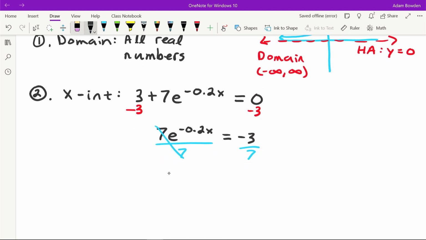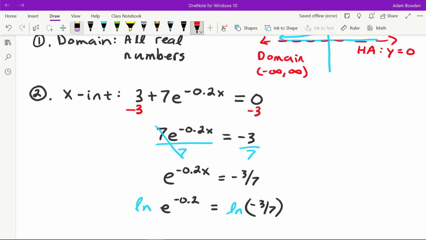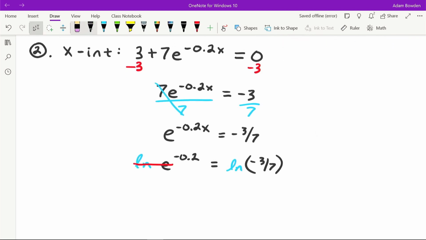That would make it look like e raised to the negative 0.2x is equal to negative 3 divided by 7. In cases where we have e and we're trying to solve, we put the ln on both sides, because the ln and e are inverses, so you can cross those out here, leaving it as just negative 0.2x is equal to ln of negative 3 over 7.